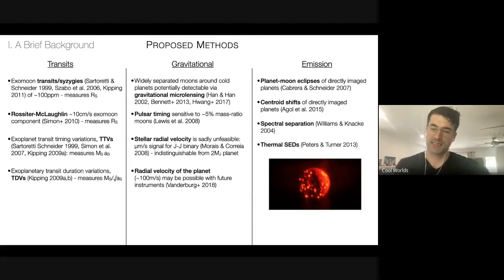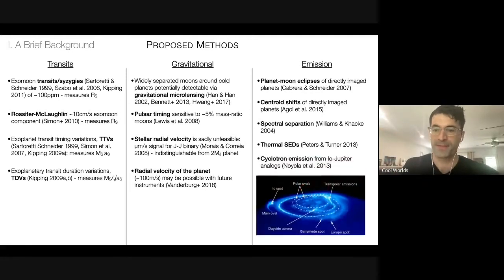And then finally, I think, or maybe penultimately, the other one I want to mention here is thermal SEDs. So if you have tidally heated moons, such as Io, that thing is hot, and so it's going to be, in fact, hotter than the planet. And so you'll get two bumps in your spectral energy distribution, so you can detect the moon that way. And then radio emission has come to the fore pretty recently, thinking about the idea of detecting analogs of the Io-Jupiter cyclotron emission with radio telescopes.